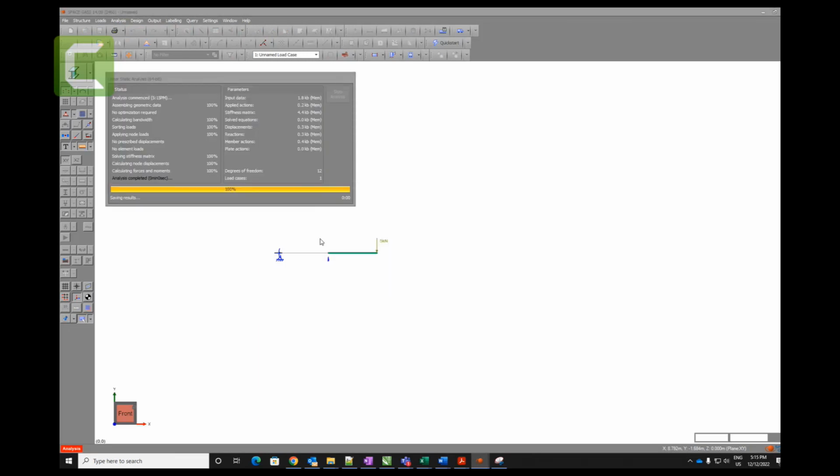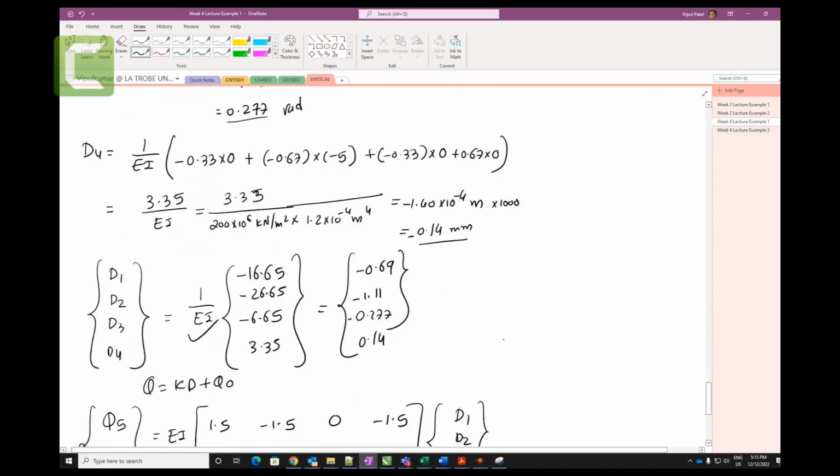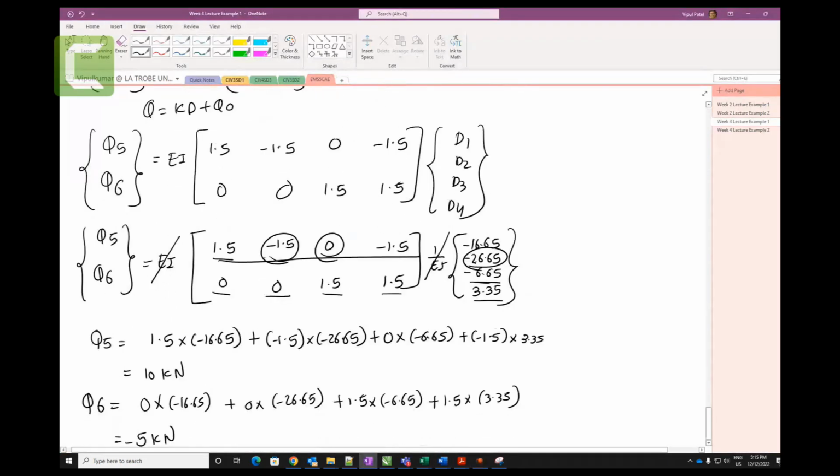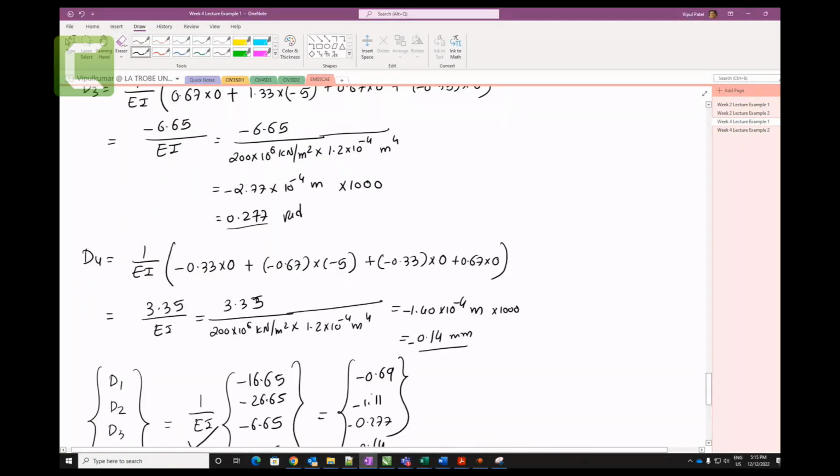Yep, it's completed. Now you want to see some results, right? Because we did the long calculations. We want to know what our reaction forces, Q5 and Q6, would be. That's Q5.